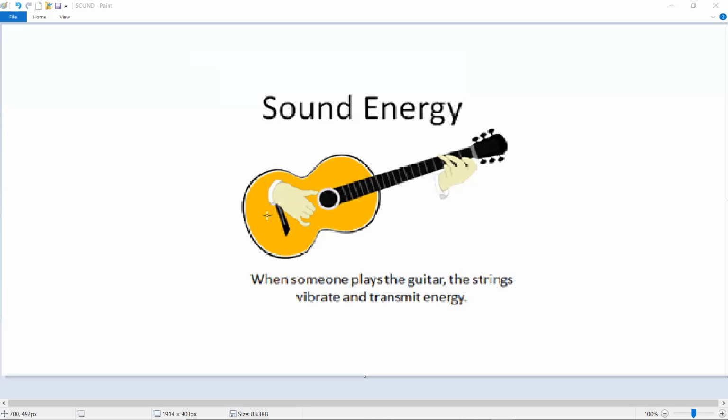Now, the next form of energy is sound energy. Sound is also a form of energy as it is produced by vibrating objects.